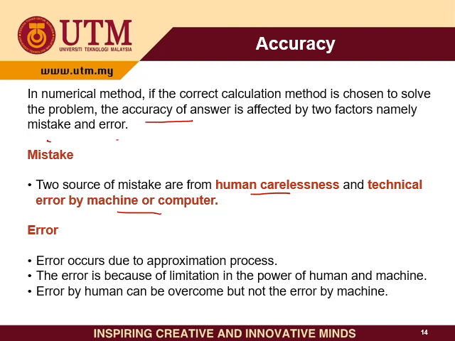Error occurs due to approximation process. Remember, now we don't find the exact answer anymore. We try to find a good approximate answer. So an error can occur in the approximation process. The error is because of limitation in the power of human and machine, and the error by human can be overcome, but not the error by machine.